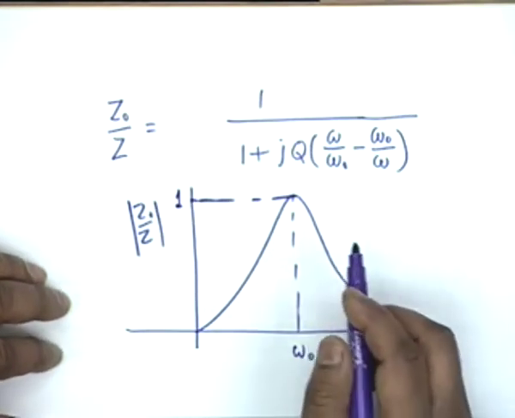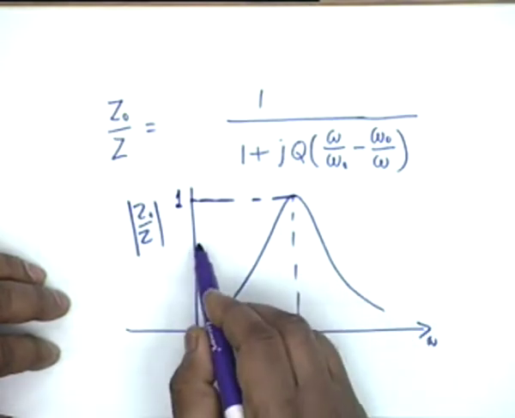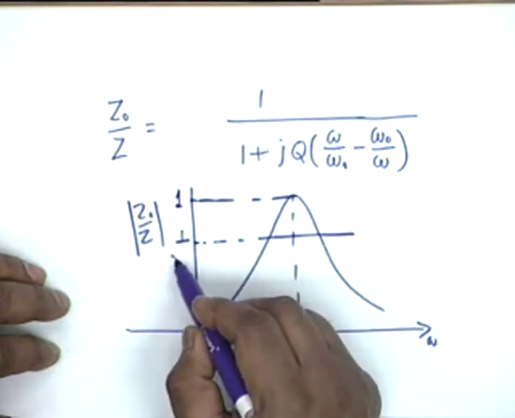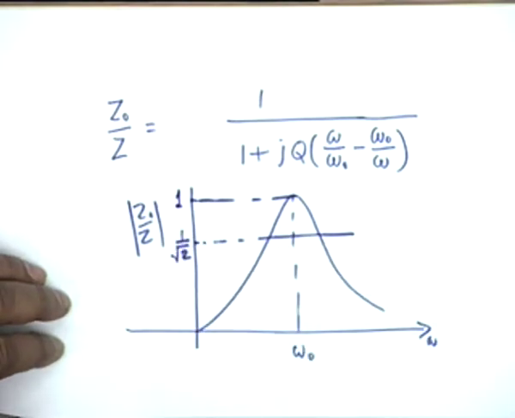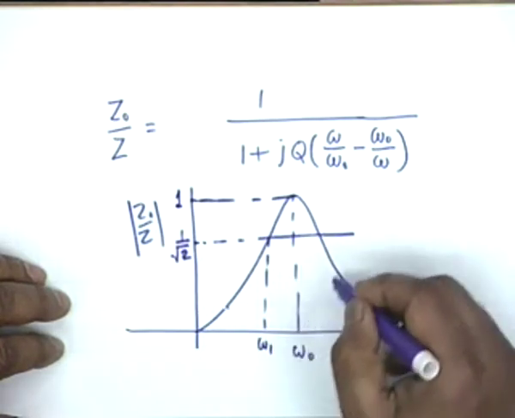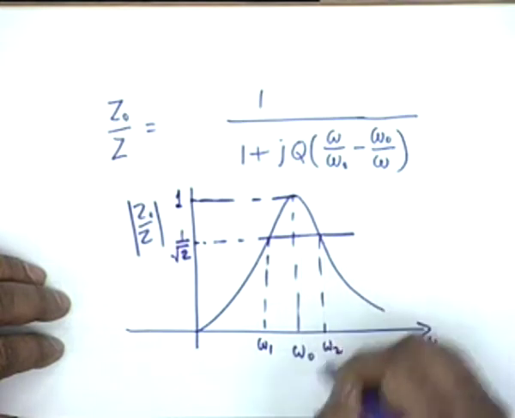Band pass filter. So it now makes sense to talk about the bandwidth, or the frequencies at which the impedance falls down to 1 by square root of 2. Let's call these frequencies omega 1 and omega 2.